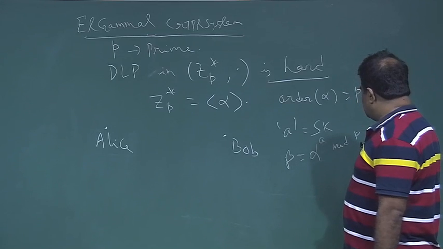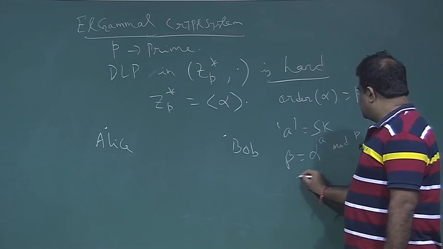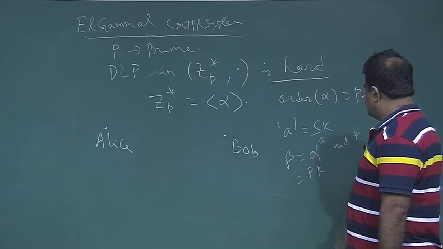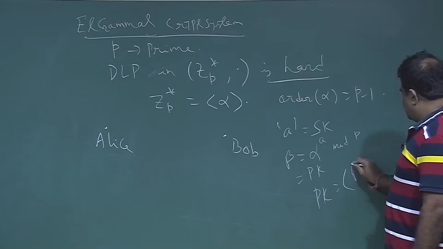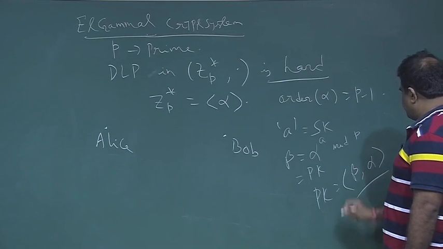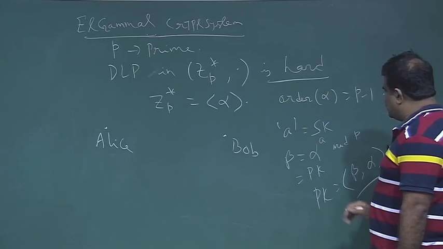This is secret and this is public. The public key of Bob consists of beta, alpha and obviously p, so the group must be known, and the secret key is a.